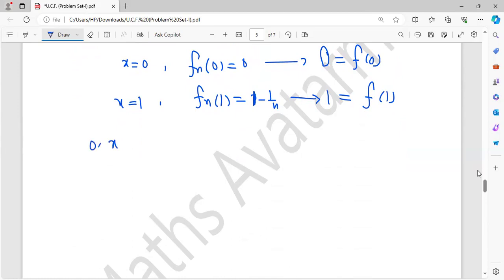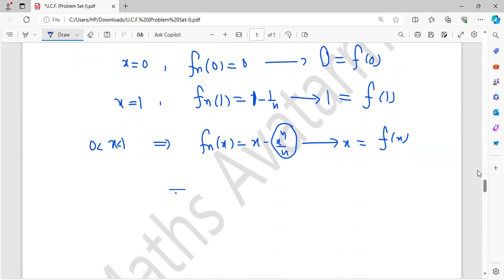If x is in the open interval (0, 1), then f_n(x) = x - x^n/n. This part will tend to 0, it means it tends to x. It means f is nothing but this function.